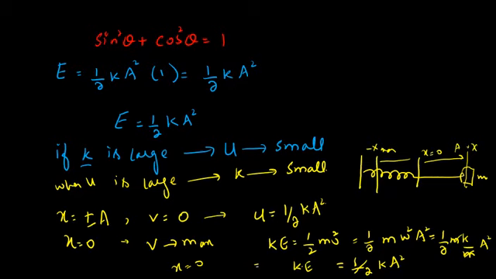So at the equilibrium position, the total energy is equal to kinetic energy, and at the maximum position it is potential energy. Okay, now we will go to the graphical representation for the full cycle of the motion.